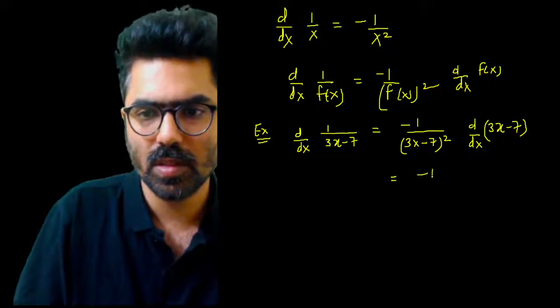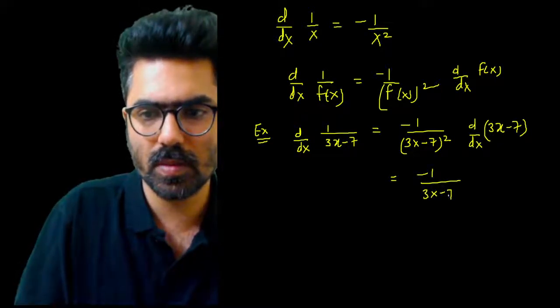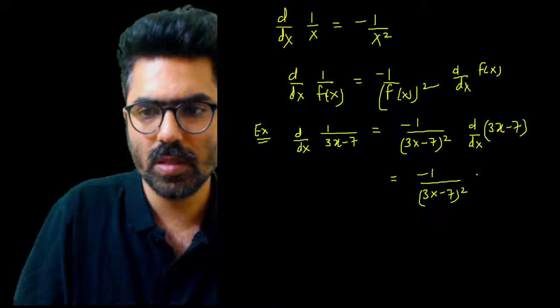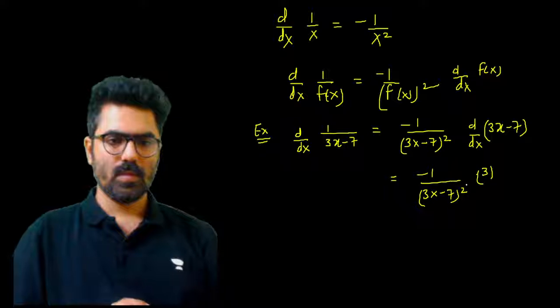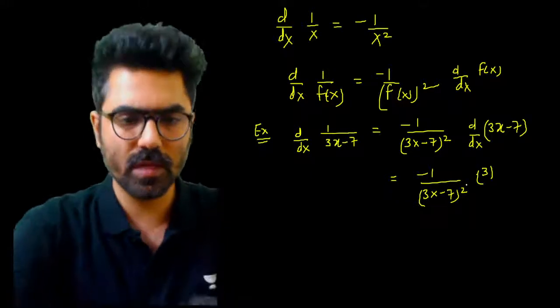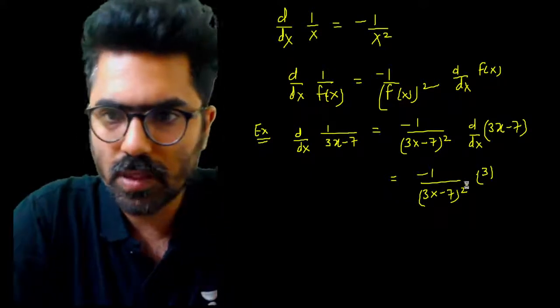Okay, it is minus 1 upon 3x minus 7 the whole square into 3. Look at the entire question, and if you have any doubt you can share your comments over here.